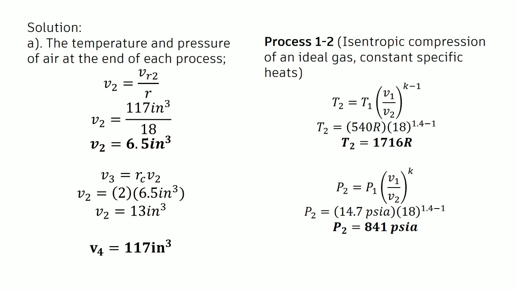Let's proceed to process 1 to 2. Since this is an isentropic compression of an ideal gas, with constant specific heat, we are going to use constant specific heats. We have here the specific heat ratio k to be 1.4. We are going to find the temperature at the end of each process.